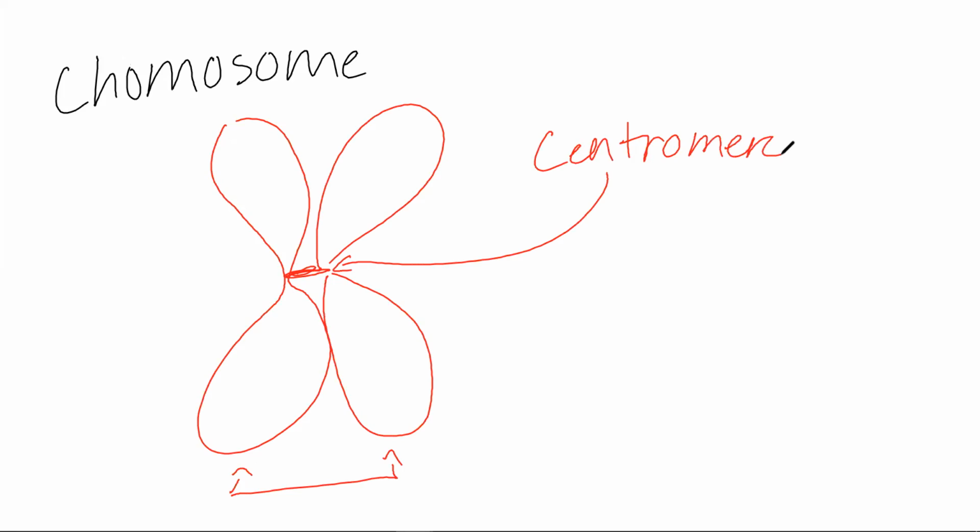It's just a thing in the middle that binds the 2 together and is used by the centriole, which we talked about a couple of chapters ago, during mitosis when they split them. And then at the bottom, you have a thing called a telomere. They're like little caps on the ends of your chromatids. They're on all of them, by the way, not just one.